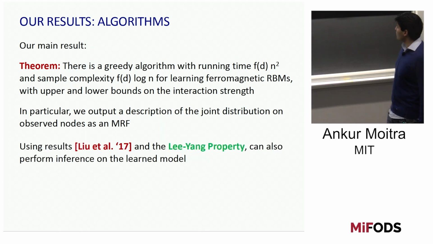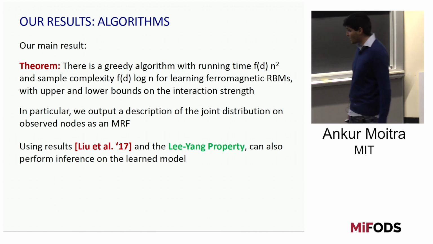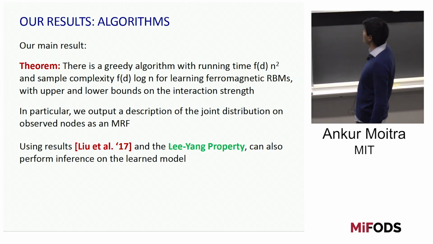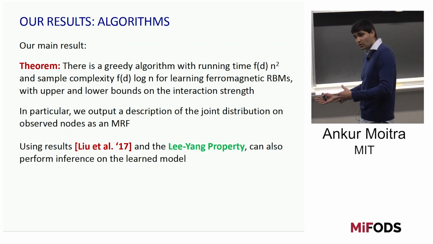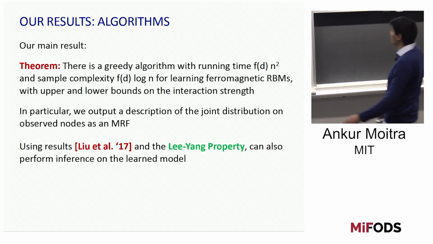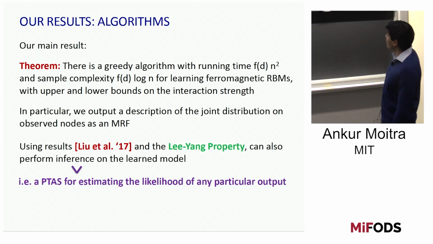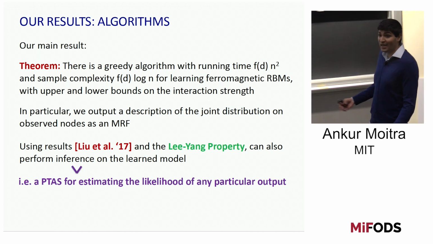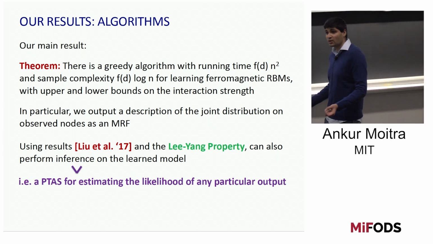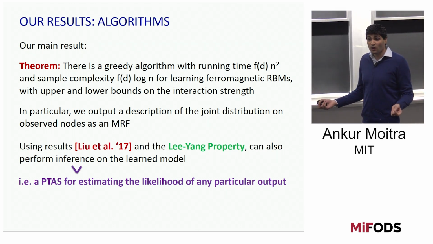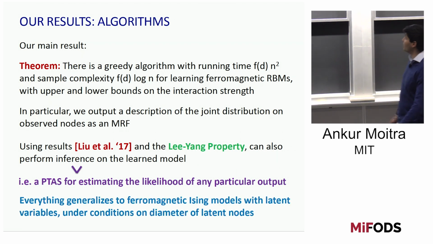Using some recent results of Liu et al., based on Barvinok's approach for deterministic approximate counting, where they showed that the Lee-Yang property carries over to the induced Markov random field on the observed nodes, it turns out that we can get an efficient algorithm for performing inference on the model we've learned. Namely, if you give me some realization, we can give a PTAS for estimating the probability that the model generated it, which is pretty cool.